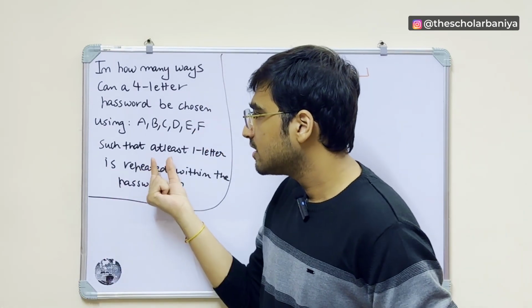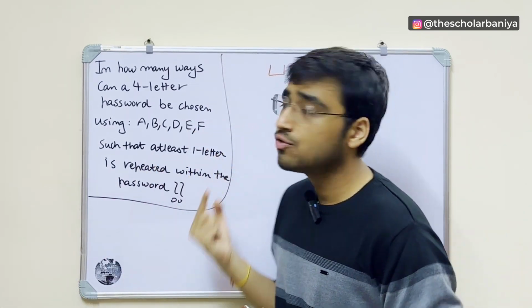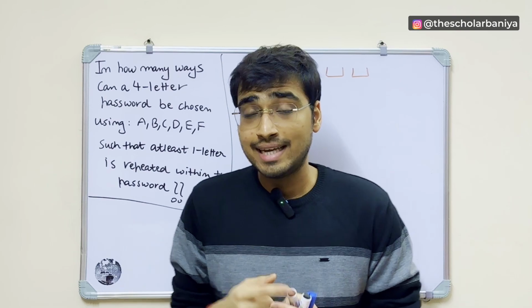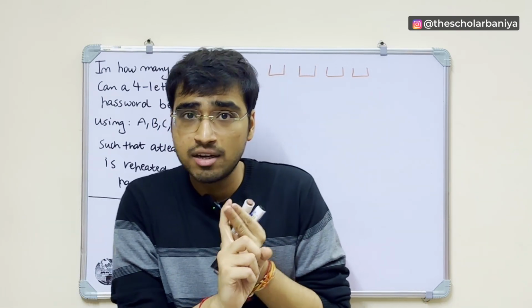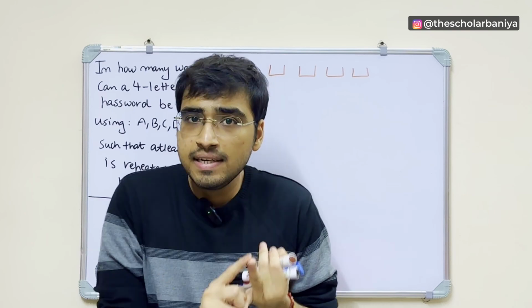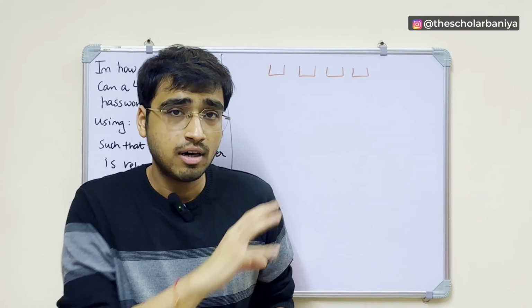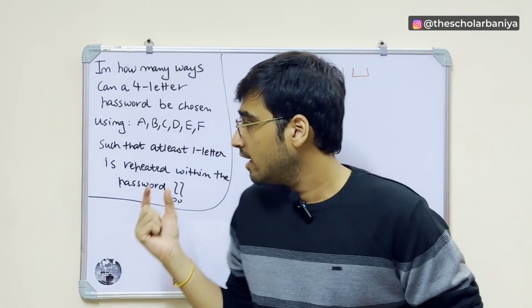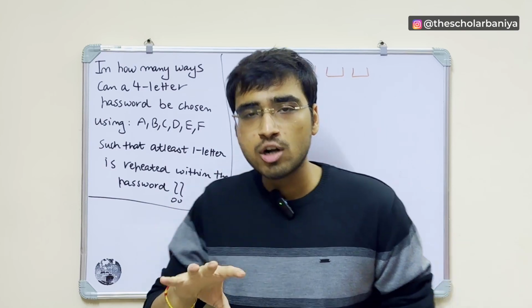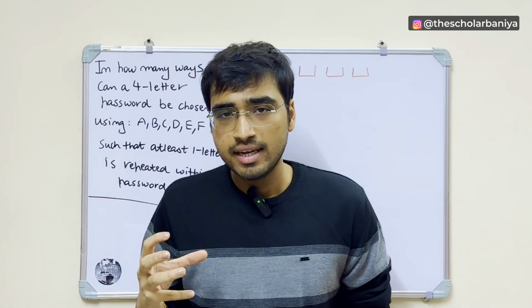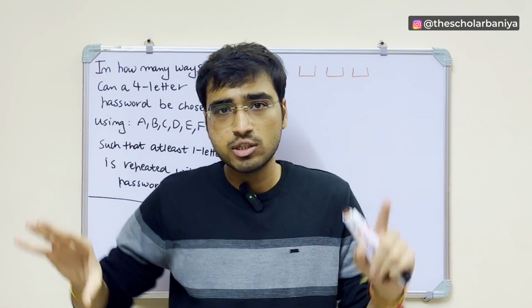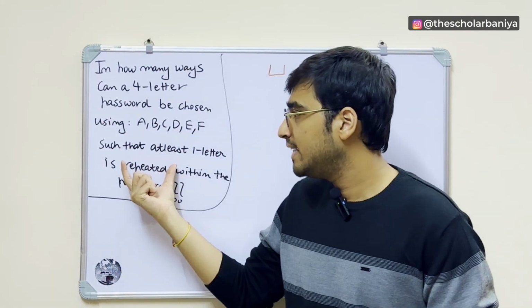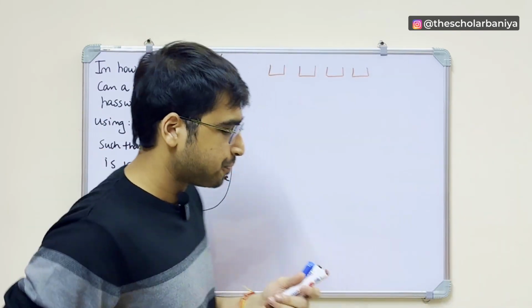There can be a case where one letter is repeated, two letters are repeated, maybe three letters, or maybe all the letters are repeated. So instead of doing this, we take the case where no letter is repeated, and then subtract it from all the possible cases, and we directly get this answer, right?